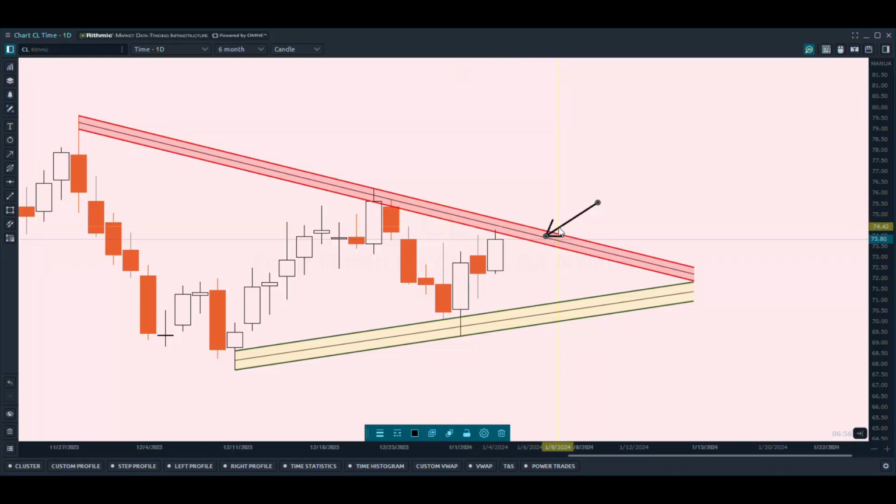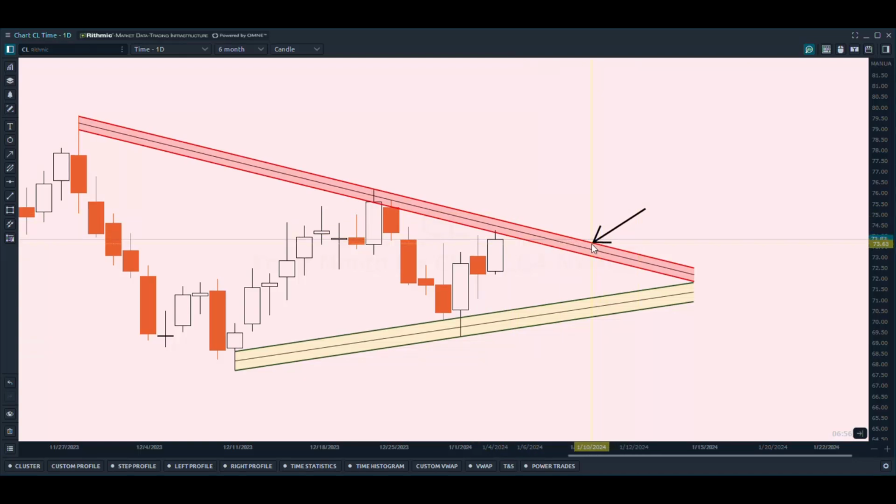So the diagonal part of the trend zone is really important because it's not static like a horizontal level. It's changing daily. So if somebody were to say a symmetrical triangle breakout for oil is 74.70, that is just for this candle. In a week, they would say the breakout is now around 73.60, whatever this day is on the 10th.